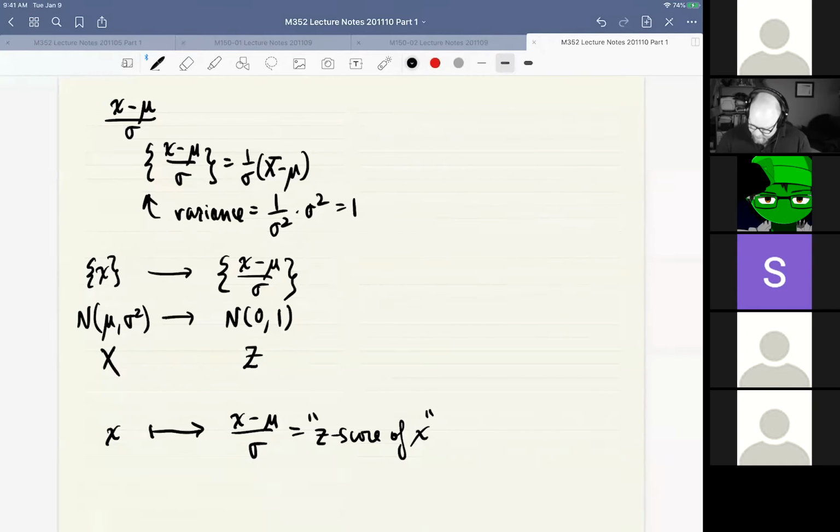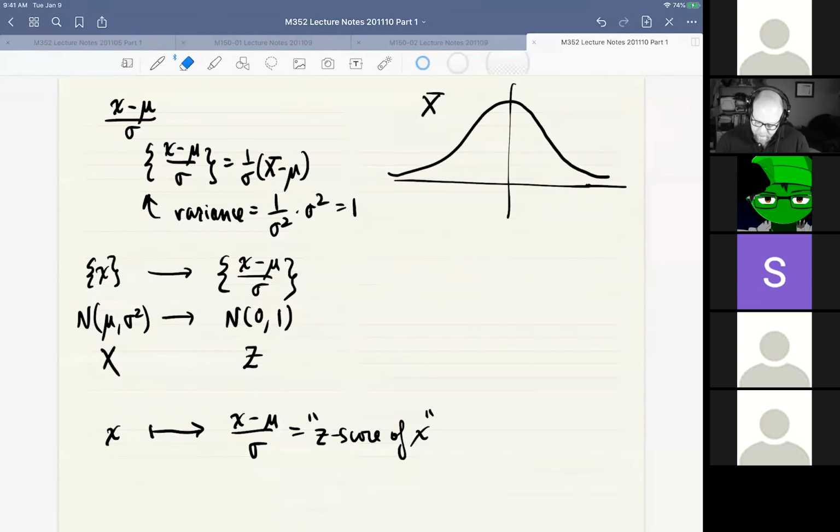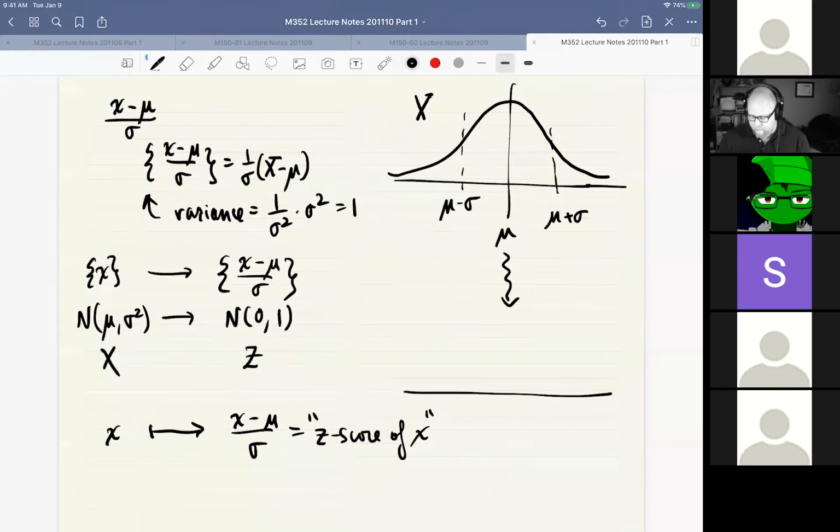So what's happening here is that if you've got a normal distribution X with mean mu and standard deviation sigma, and you transform it to the normal distribution Z, it's going to have mean 0 and standard deviation 1.